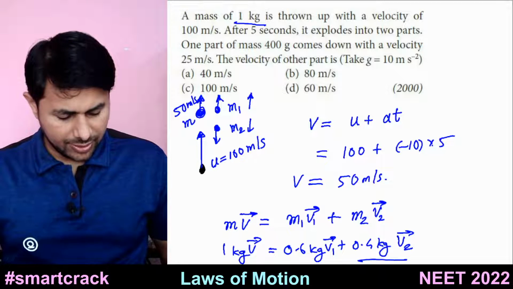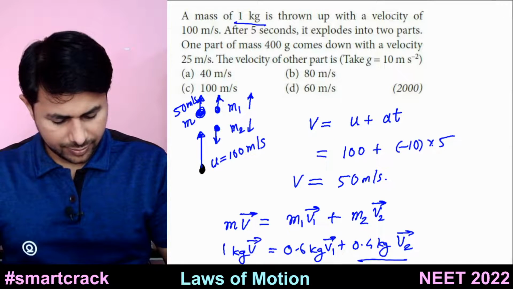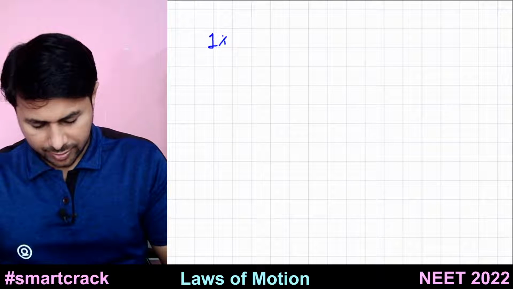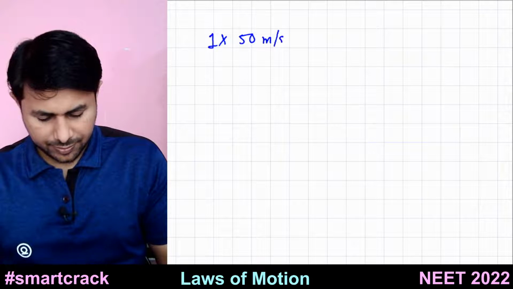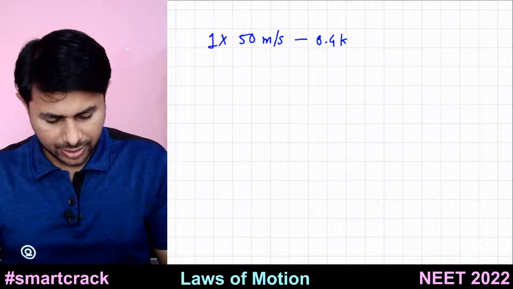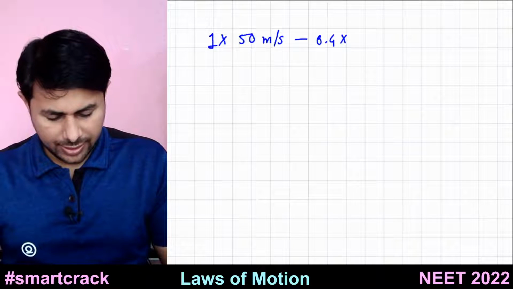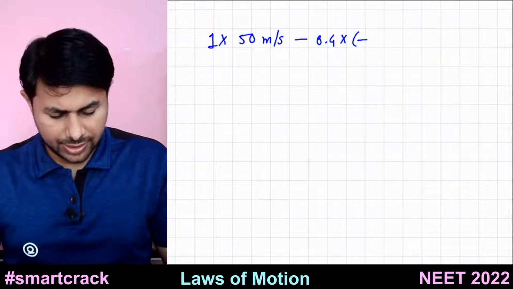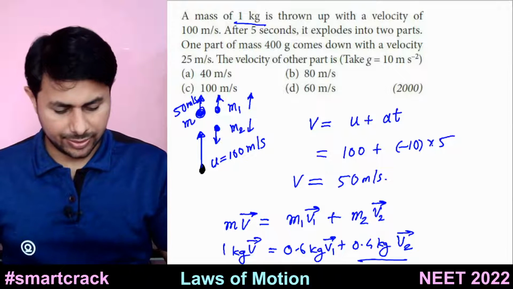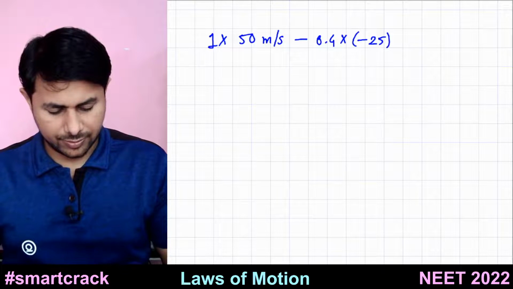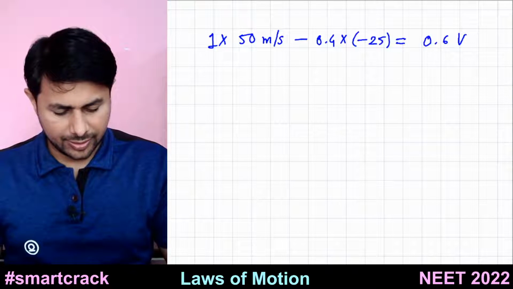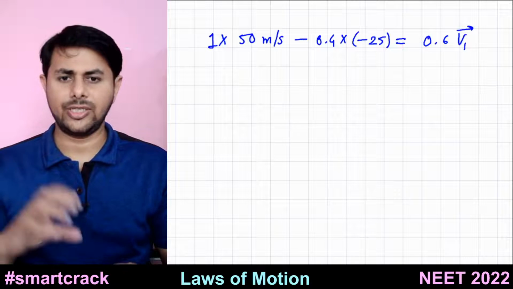So let's take this on the other side. So what do we get? We get 1 kg multiplied by its velocity, 50 meters per second, it's upwards, minus 0.4 kg multiplied by its velocity, because it's coming down, it's minus 25. Okay, 25 meters per second but coming down, so minus 25, and that's equal to what? 0.6 multiplied by velocity of the first part.